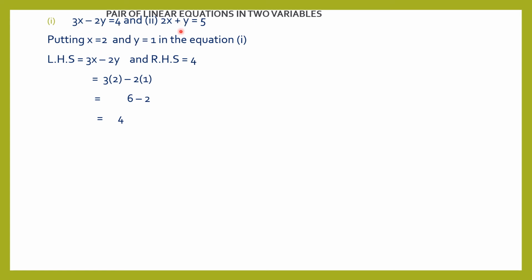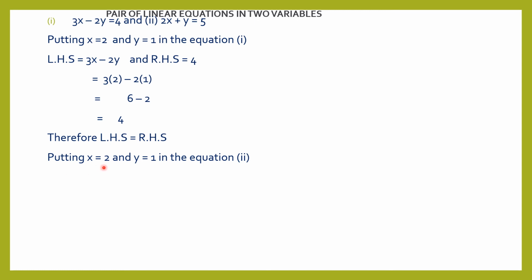Now coming to the next question, 2x plus y equals 5. Here LHS equals 2x plus y and RHS equals 5. Putting x equals 2 and y equals 1 in equation 2.